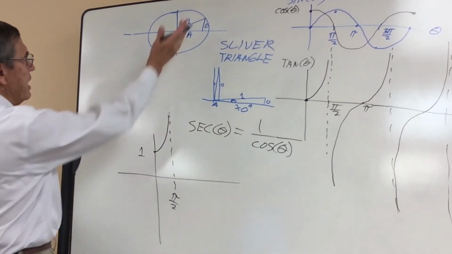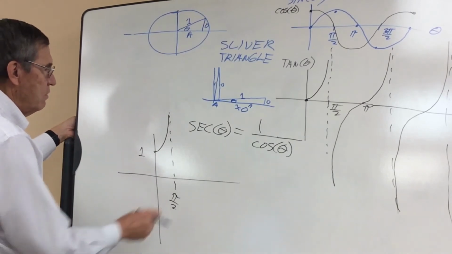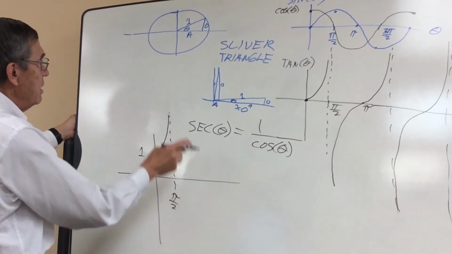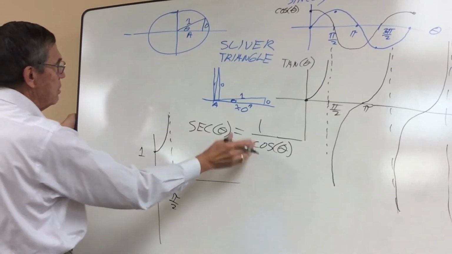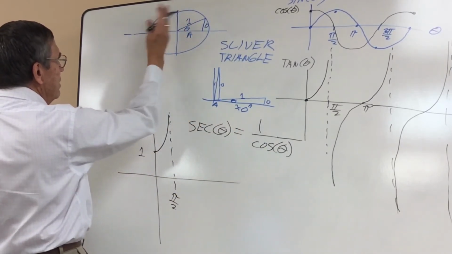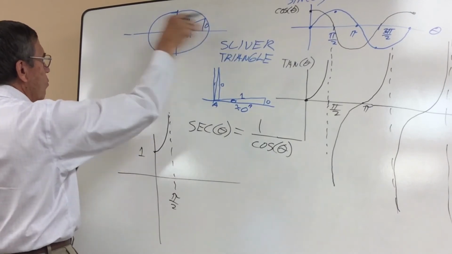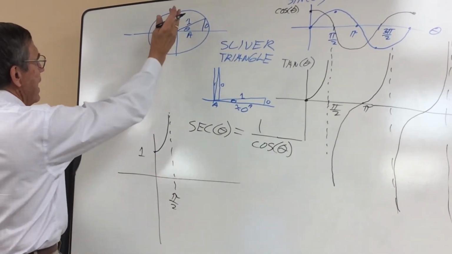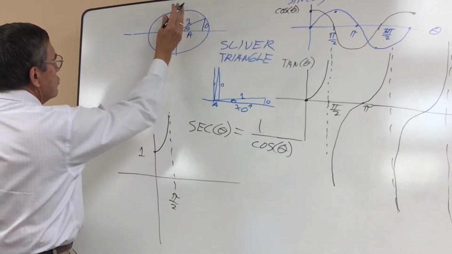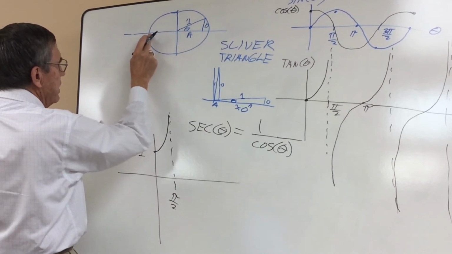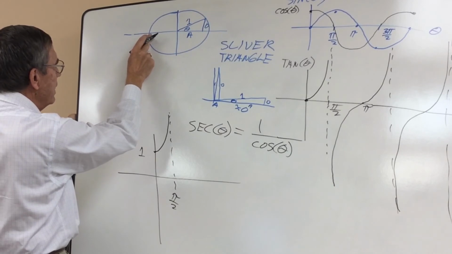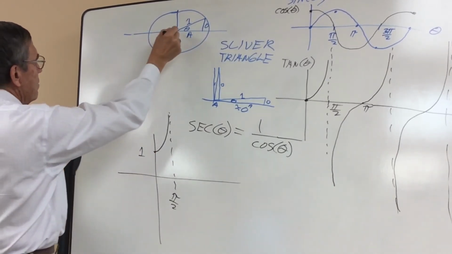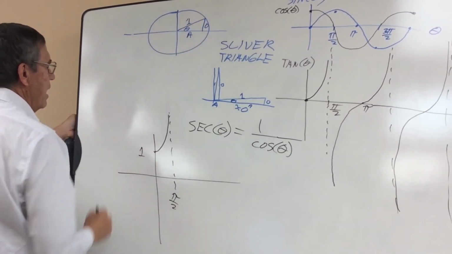Now what happens when we get past 90 degrees? Well, what happens to the cosine? The cosine now becomes negative, okay, because we're now in the negative quadrants for the horizontal axis, okay? And as you cross over here, what happens when you get clear to here? Well, the cosine becomes -1, okay? Because it's -1 here divided by the hypotenuse.